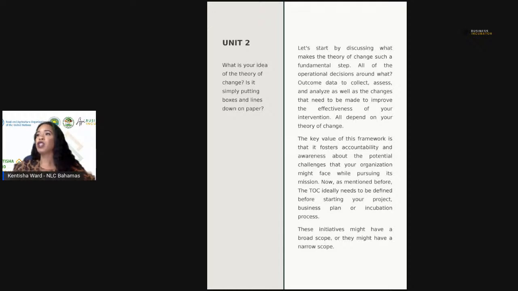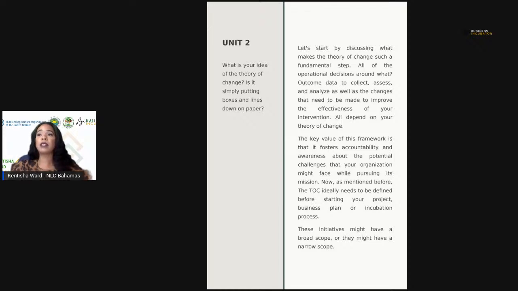So with the theory of change, let's start by discussing what makes it such a fundamental step. All of the operational decisions are focused around the theory of change. The outcome data to collect, access, and analyze, as well as the changes that need to be made to improve the effectiveness of your interventions and your strategies to get to your goals and to focus on your impact.